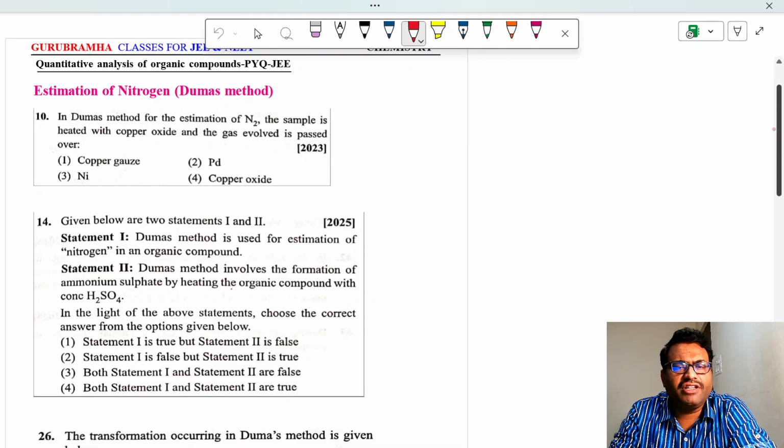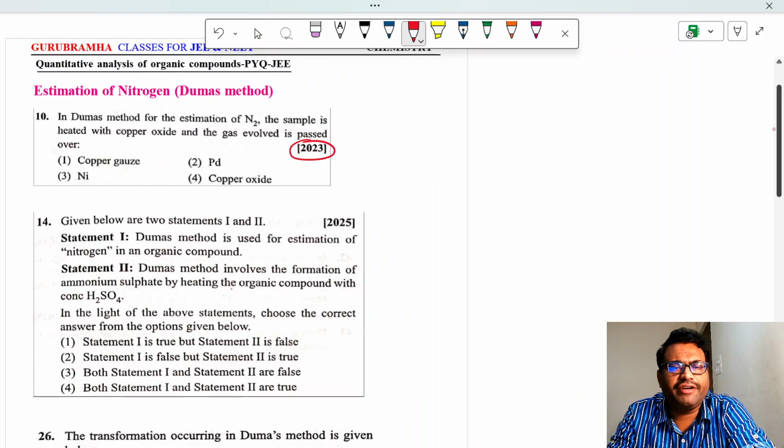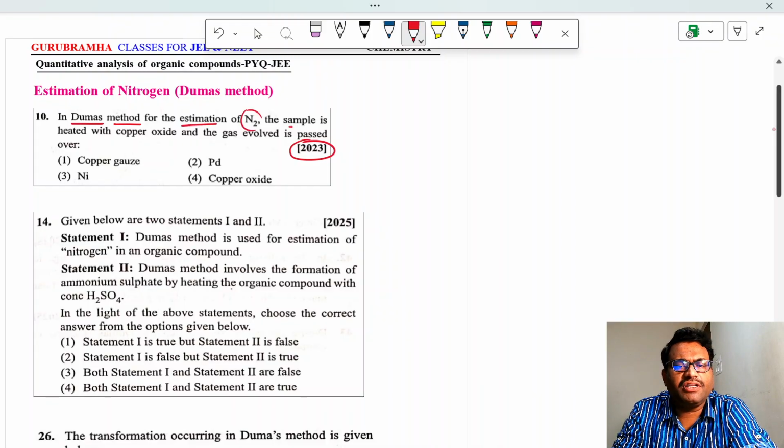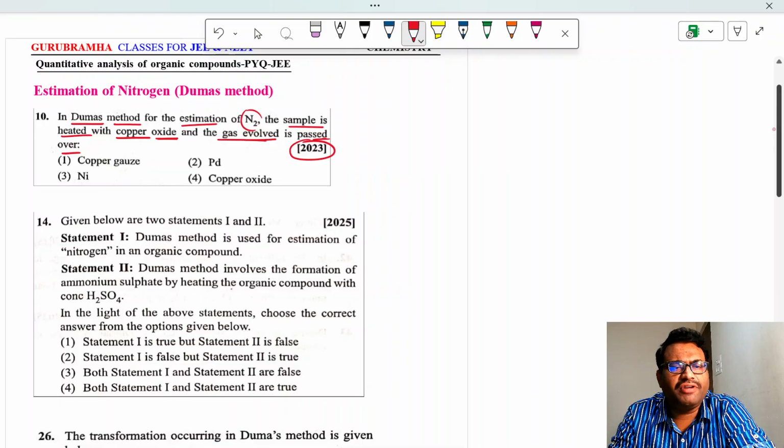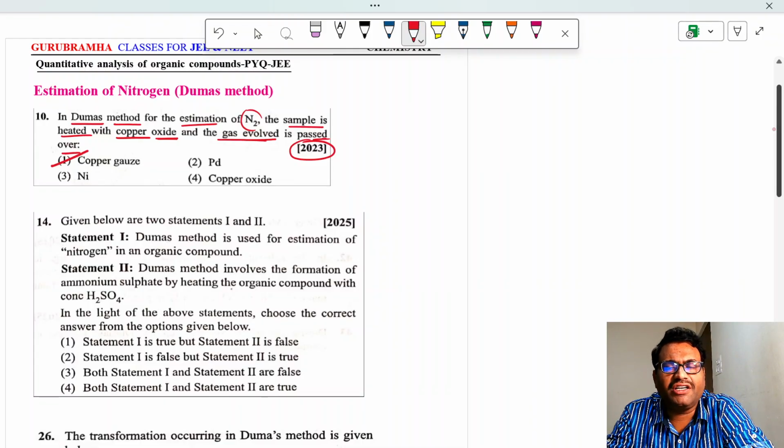A question asked in 2023 JEE Main: In the Dumas method for estimation of nitrogen, the sample is heated with cupric oxide and the gas evolved is passed over copper gauze. Why are we passing it over the copper gauze? To convert the oxides of nitrogen into nitrogen gas.